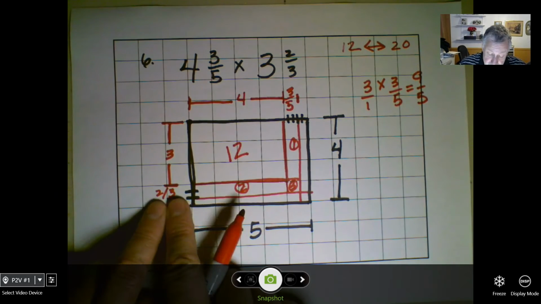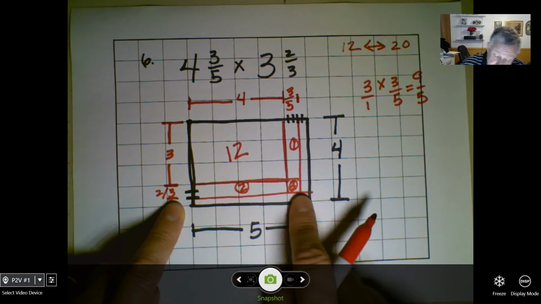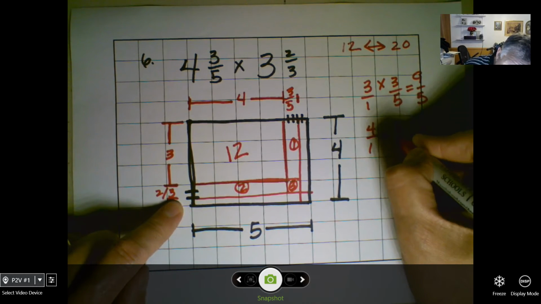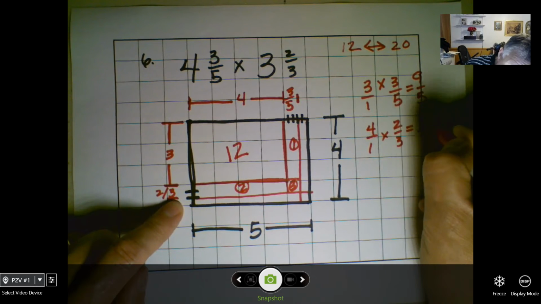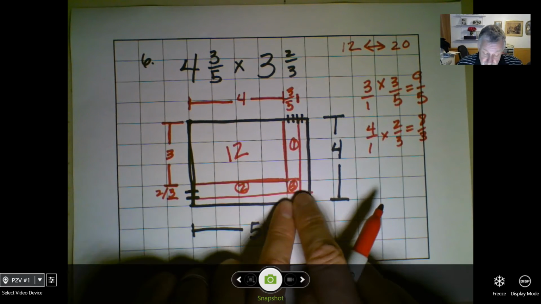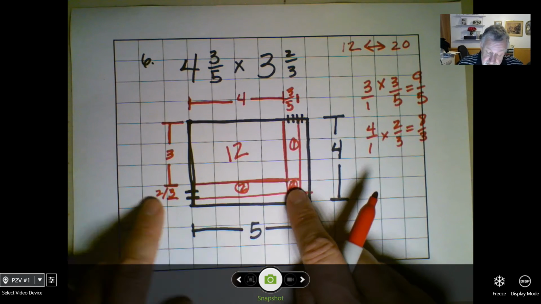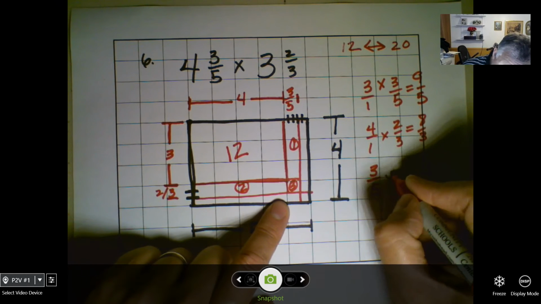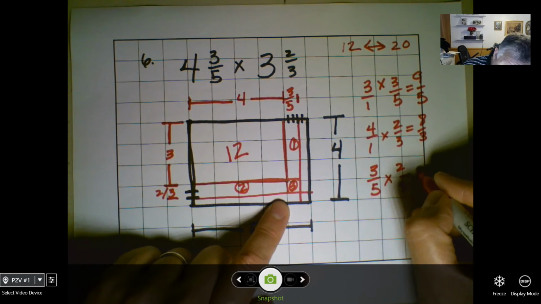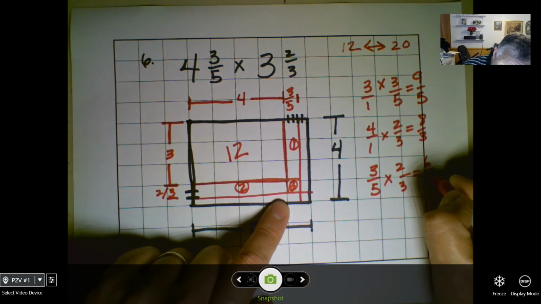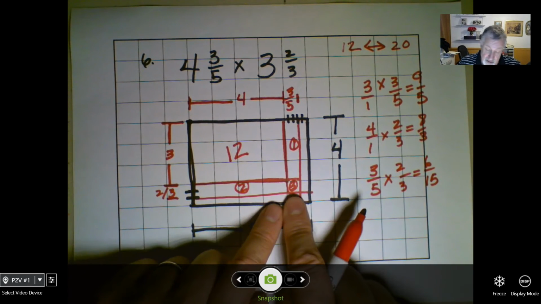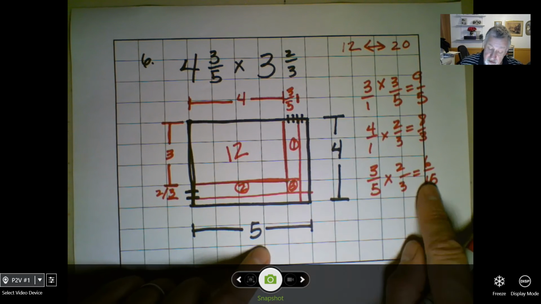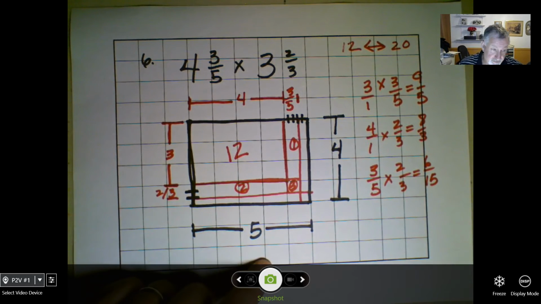Section 2 is 2/3 by 4, so 4 by 2/3. And section 3 is 3/5 by 2/3. And remember, if I'm looking for a common denominator when I add all these numbers, I'm going to find it right here with the number 15.